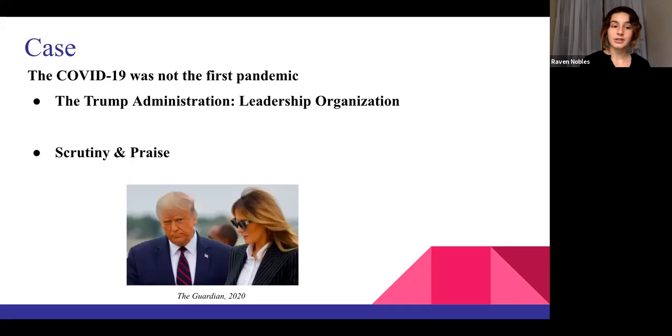However, we also wanted to look at how within his administration he was able to produce communication that was both informative and allowed the public to know what the United States government was planning to do in the face of this crisis.